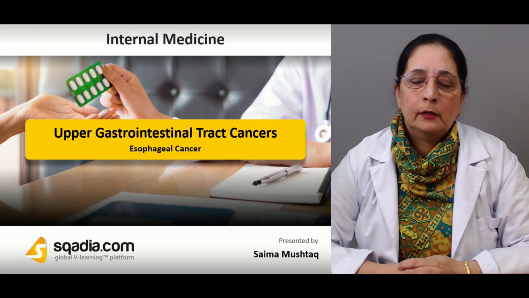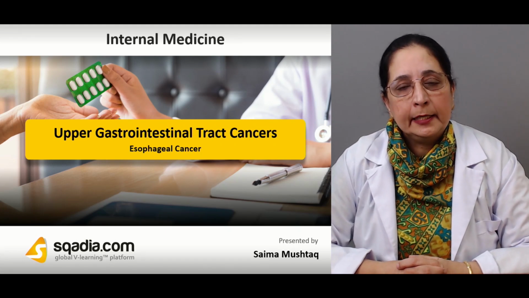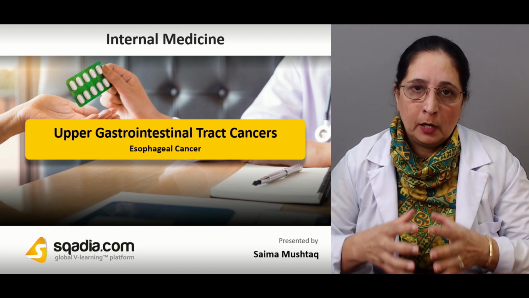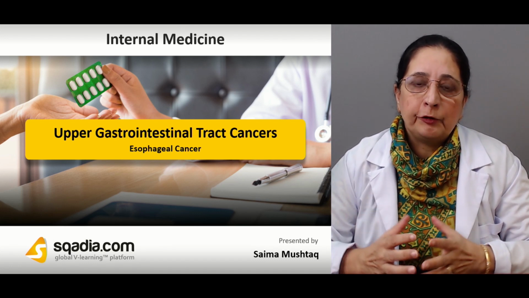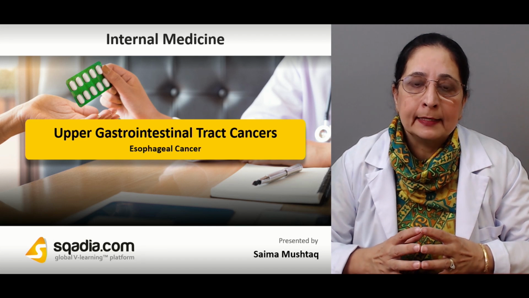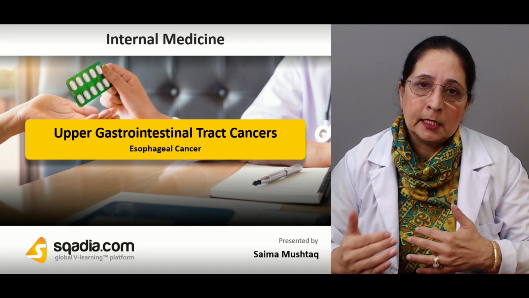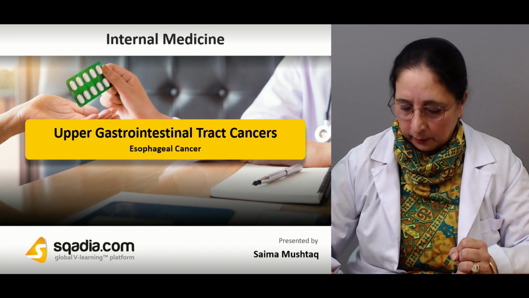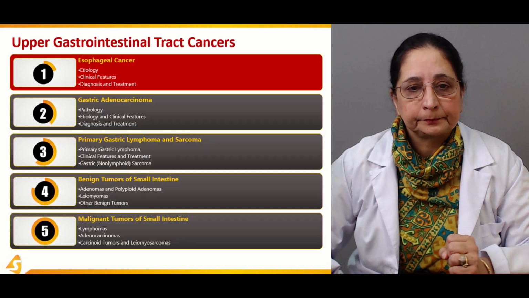Let's begin with our topic, which is the cancer of the upper GI tract. The first part of the upper GI tract is the esophagus. So we will discuss in this section mainly the cancers of the esophagus.